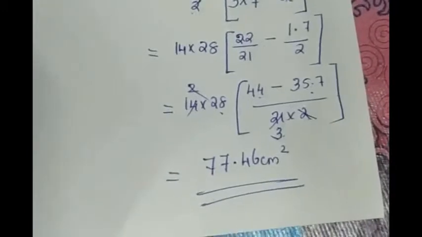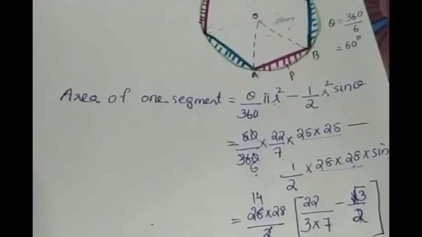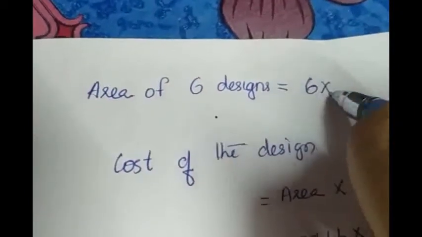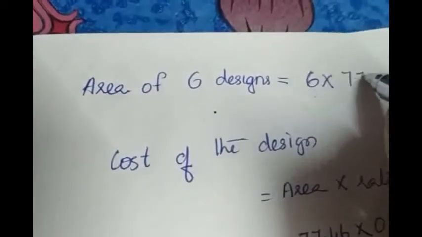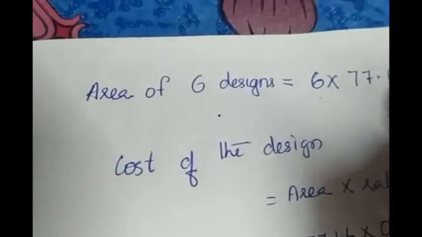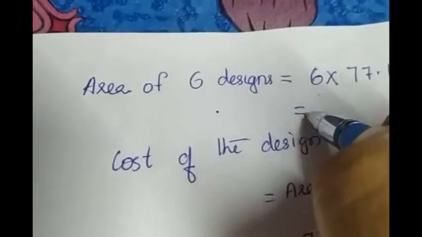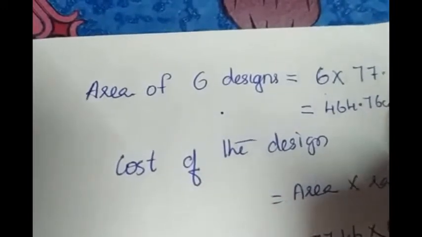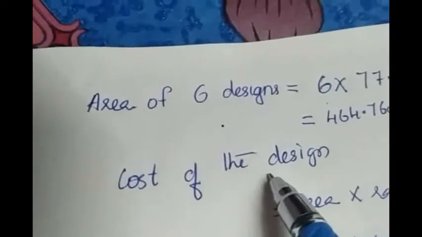Okay, so the area of the full design is equal to 6 designs, that is 6 into the area of one design, isn't it? So 6 into 77.46 gives you the value 464.76 centimeter square. The question is to find the cost of the design.